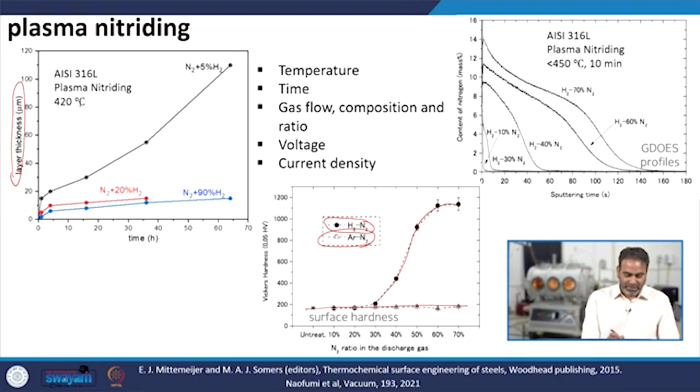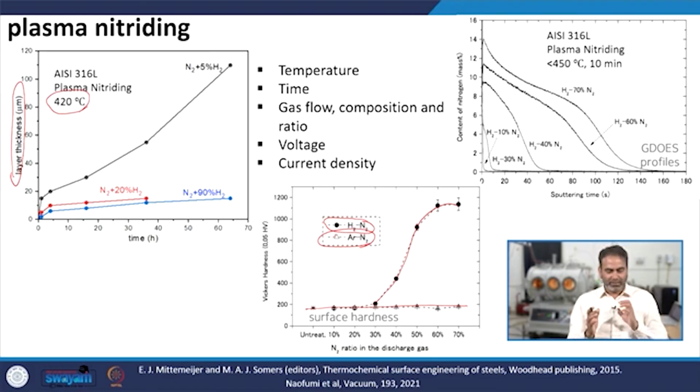What is done here is that somebody did the plasma nitriding at 420 degrees Celsius and used different gas compositions. As you see, in a plasma nitriding setup you can control the gas chemistry. That means I have nitrogen and hydrogen, and I can control their flow rates separately.